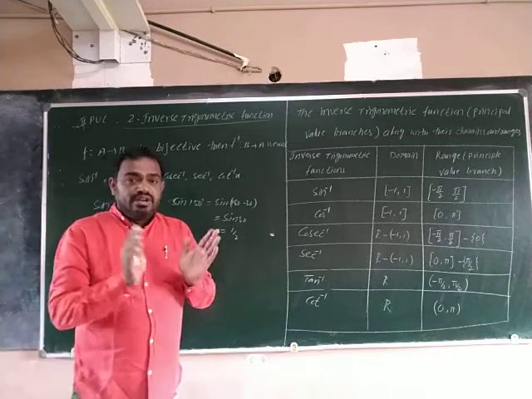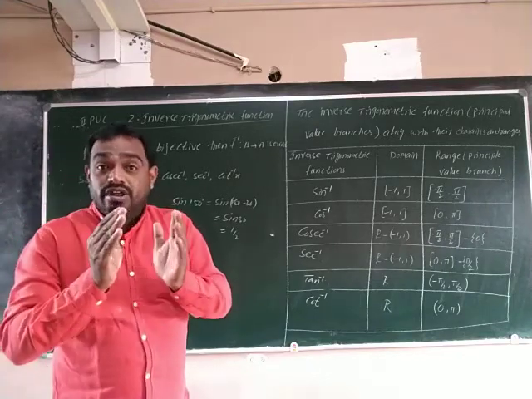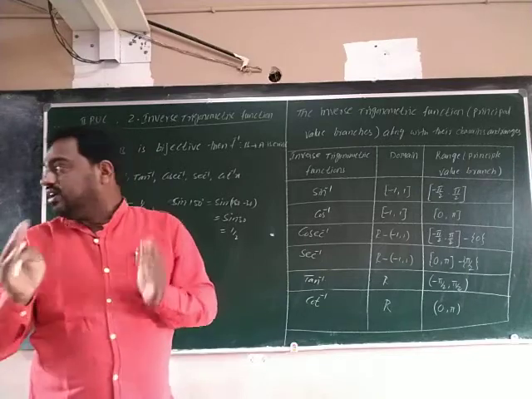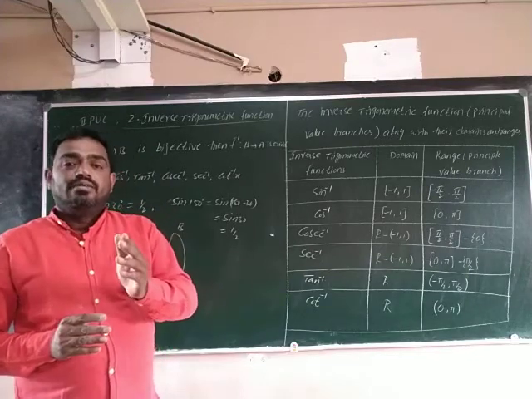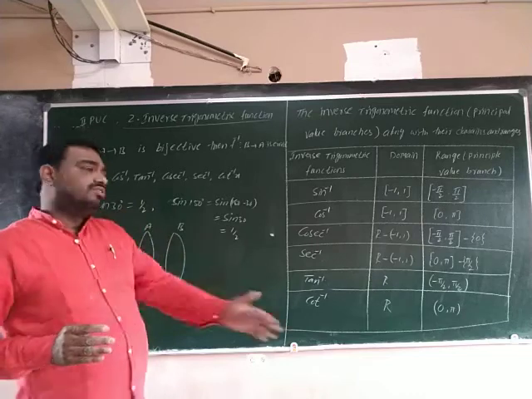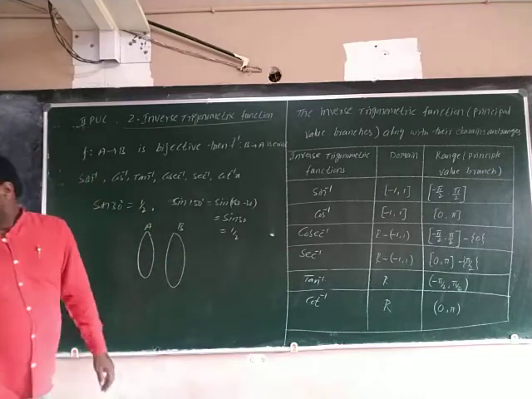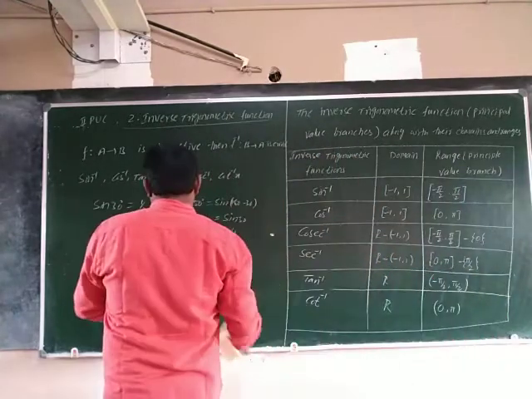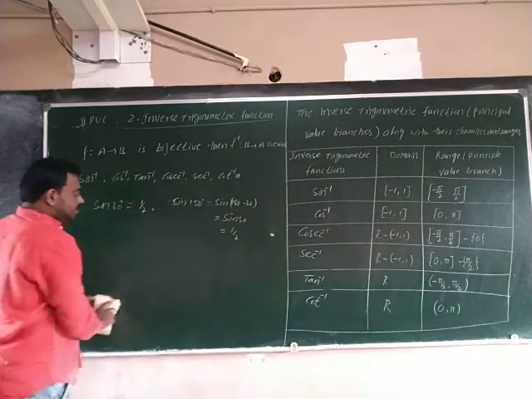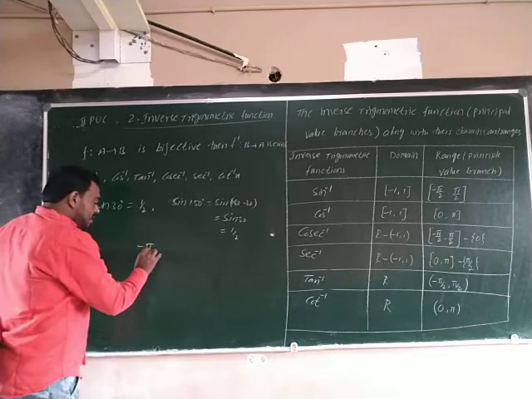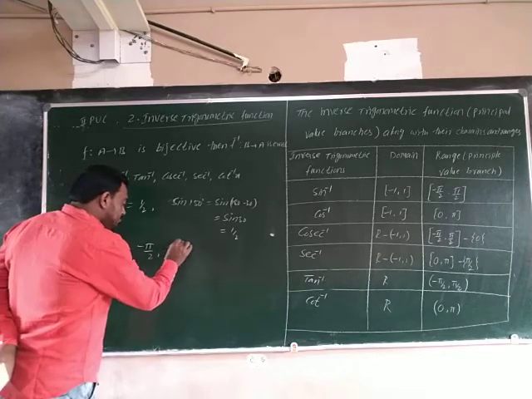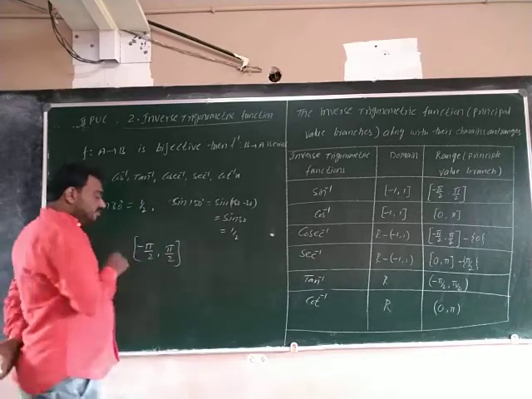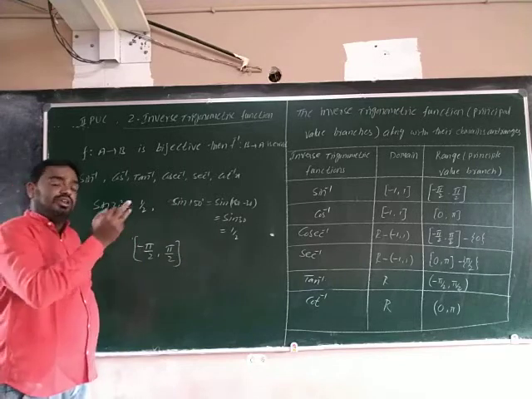So these trigonometric functions are bijective in particular intervals only. What are the intervals? We are discussing only sine now. Minus pi by 2 to pi by 2. In this interval, the sine function has unique images.